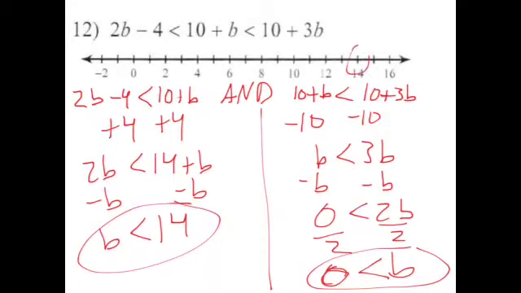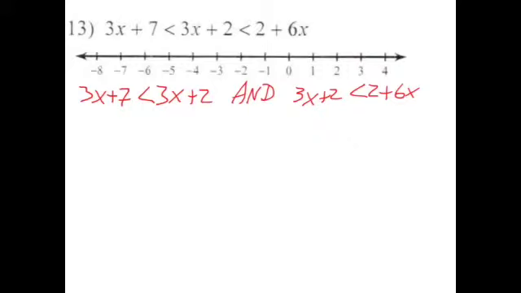Let's go to 14, open circle because it says less than, and we're going to be shading left. And then we'll graph this right one, go to 0, open circle again because it's not equal to. And in this one, b is greater than 0, so it's going to go this way. And so since we're going from the left on the right guy, and we're going right from the left end there, we have this shaded region in the middle that satisfies both inequalities, that satisfies the AND statement.